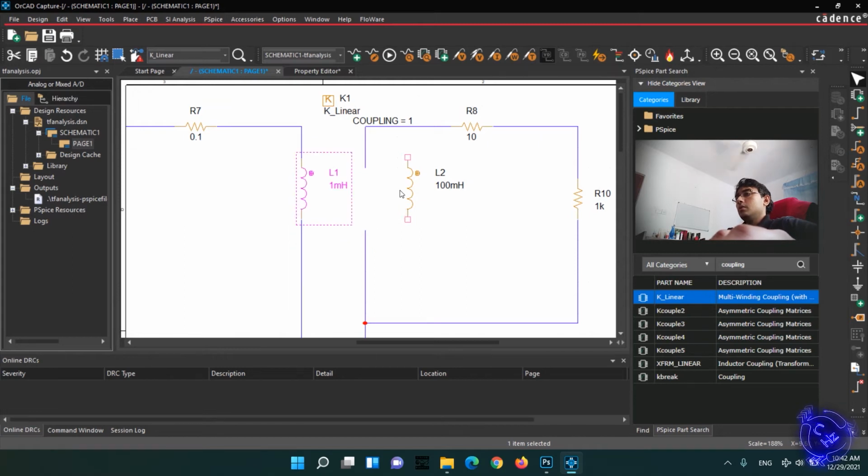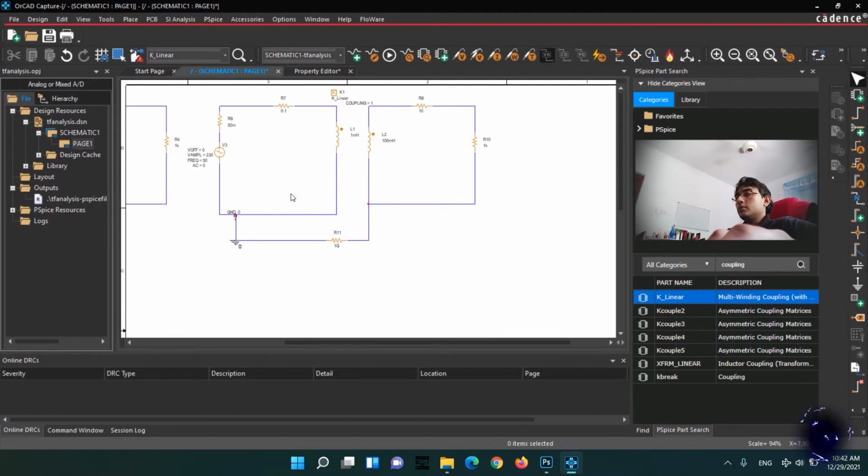Right. Now I should get the same input and output. Here also we have to introduce this resistor. Right, now let's see the output and input.